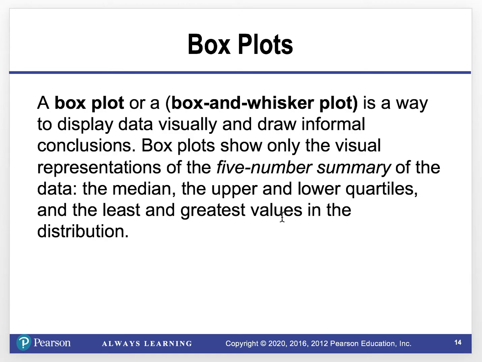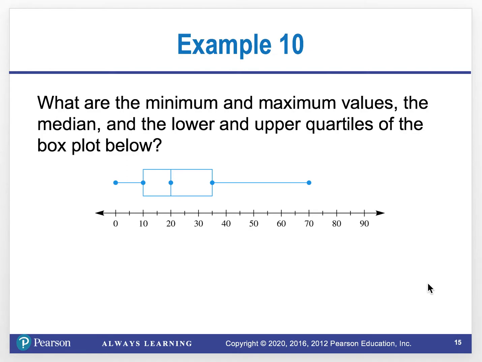So here's another display option, to add to our list of charts and graphs we've already done: making a box plot, or a box and whisker plot. They show the visual representations of the 5 number summary that we were just talking about. And we can make a lot of conclusions by looking at a box plot. Let's see if we can construct one. Well, we'll construct one after they've shown us.